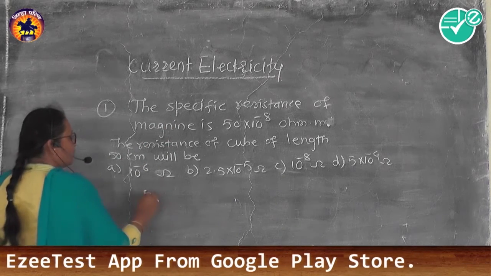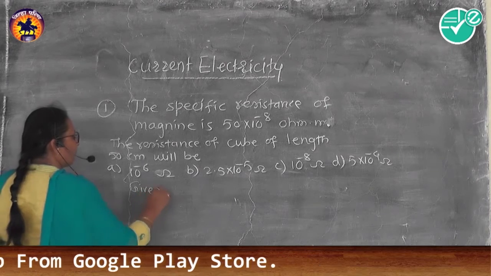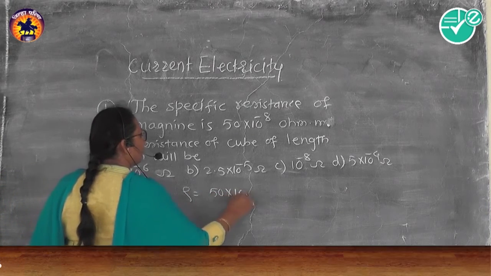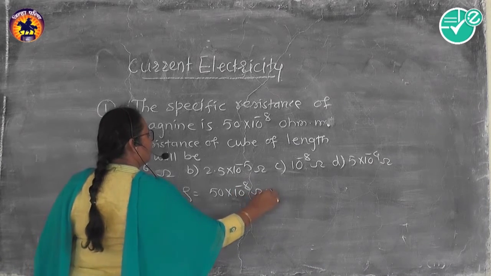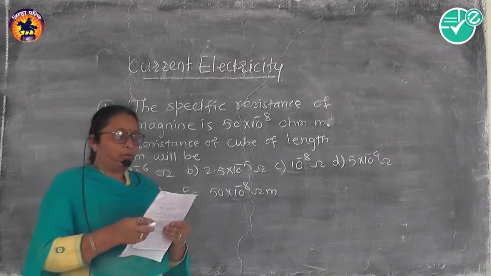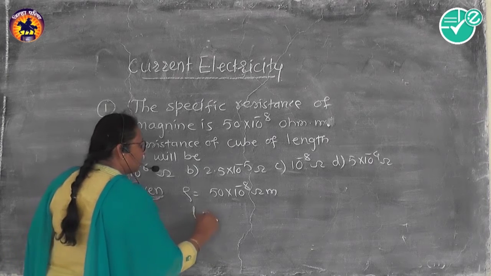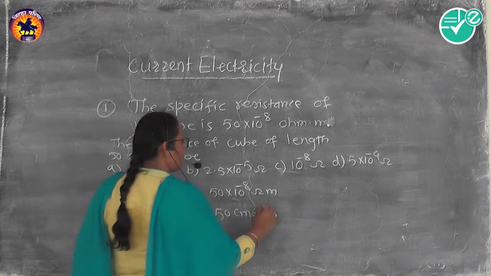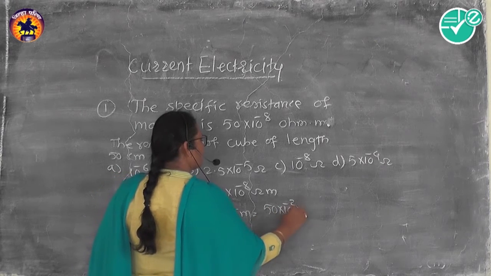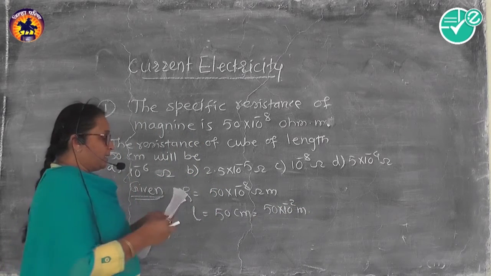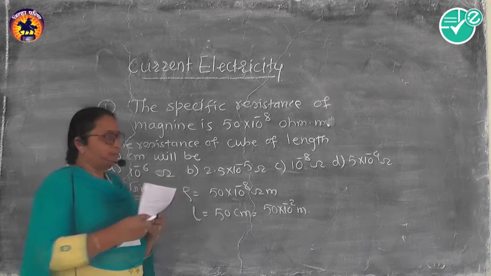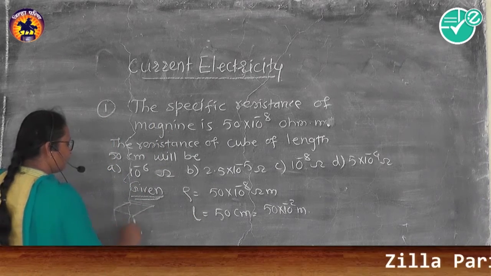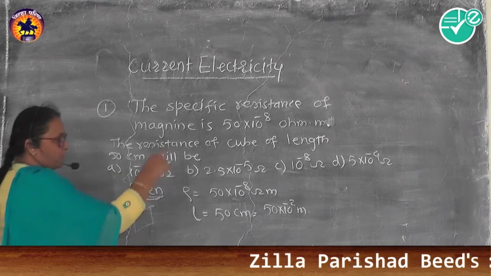In this example, you have given the specific resistance of manganese, that is 50 into 10 to the power minus 8, means you have given the value of rho, that is 50 into 10 to the power minus 8 ohm meter, and then you have given a length of that conductor. L is equal to 50 centimeter, so convert it into SI system, that is 50 into 10 to the power minus 2 meter, and this length is of that cube, means that cube whose each side is having that much length, so 50 centimeter.